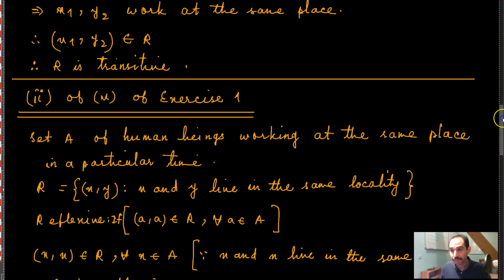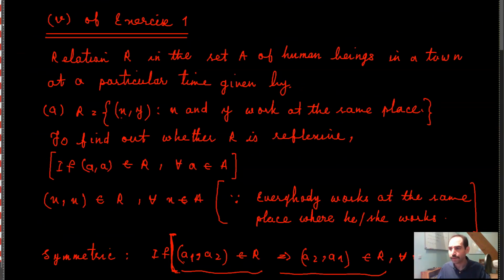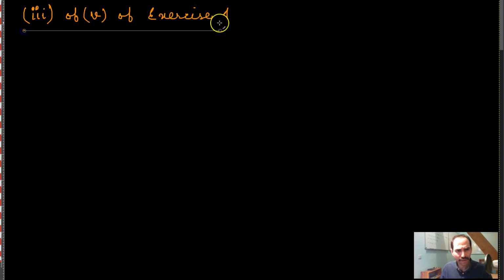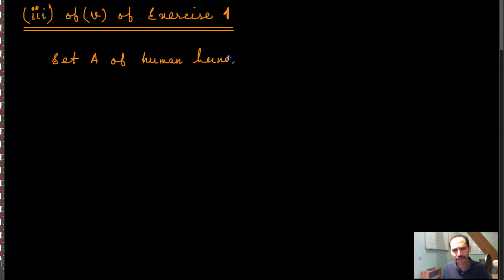Now the third part of the fifth part of exercise 1 is: we have again the same set A of human beings in a town at a particular time.